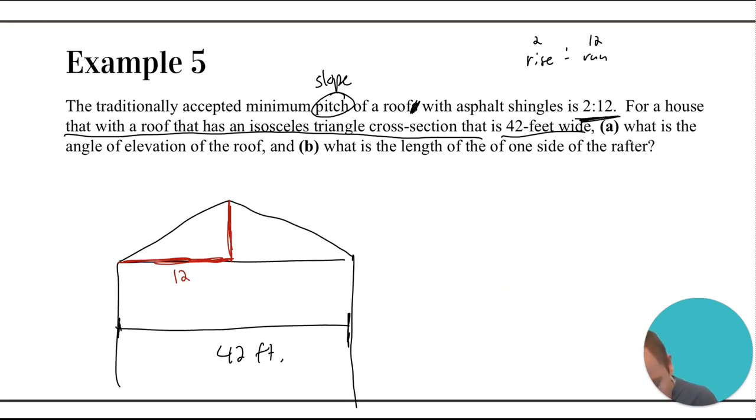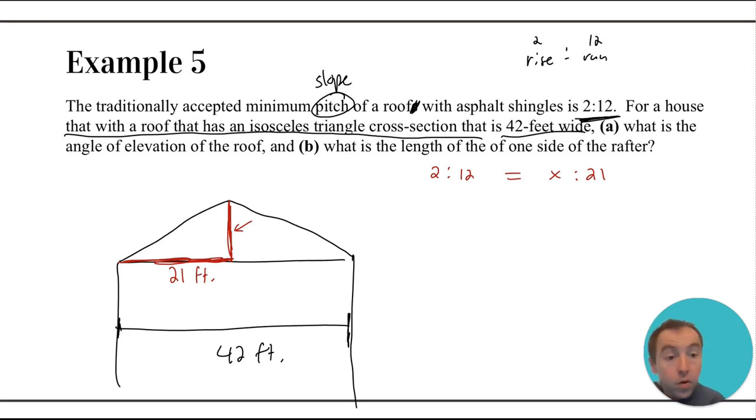So in actuality, this distance right here is going to be 21 feet. Okay. And so then we could try to figure out what this distance is, knowing that there's that ratio of 2 to 12. So a 2 to 12 ratio is equivalent to x to 21, because 21 corresponds to the 12.